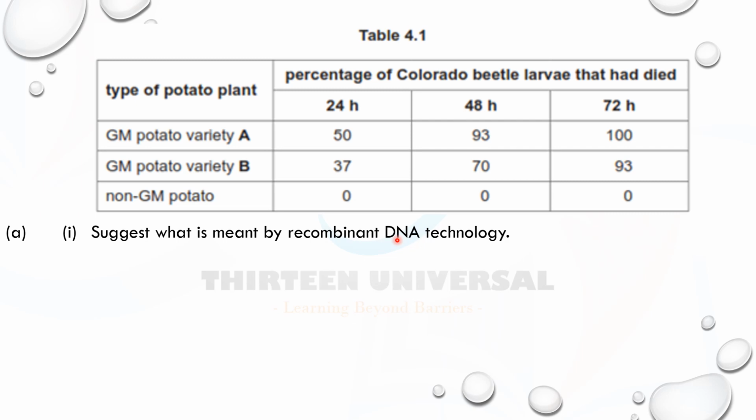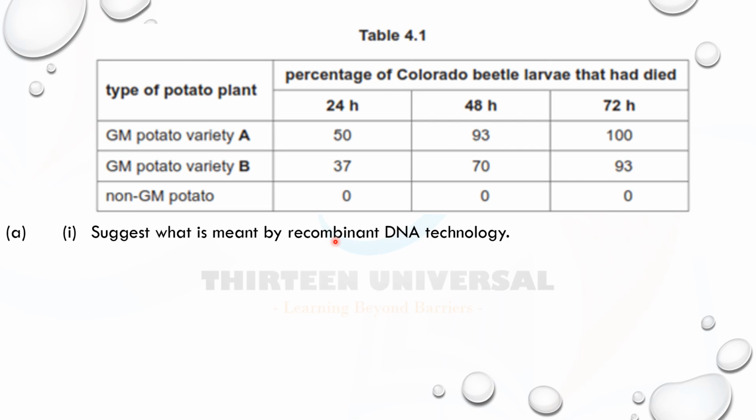Now, for me, recombinant DNA technology is just a process where DNA molecules from different sources are joined. It is a process of combining different molecules from different sources, using enzymes, like restriction enzymes used to cut them, and then ligase enzyme used to join them, and then they are transferred into another organism that now becomes genetically modified or transgenic.